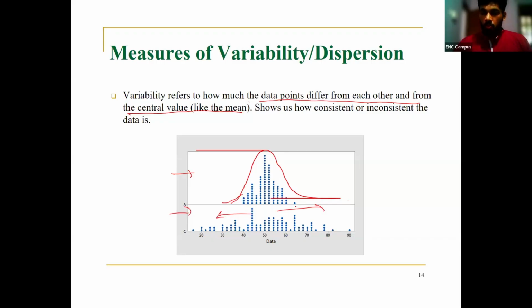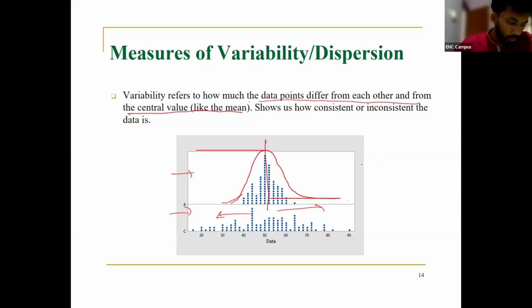So in measures of variability, we try to identify how much our data set differs from each other or from the central value.